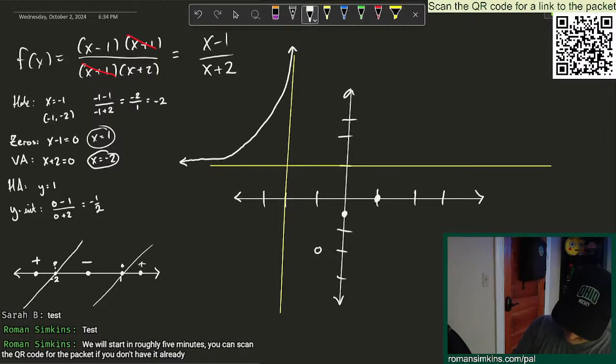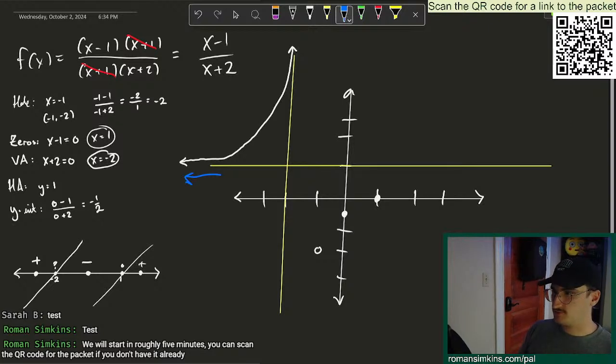Now let's think about what would have happened if I had chosen this initial segment. I'll do it in a different color just so I can show that's my example. So far I haven't broken any rules yet: it's still positive because it's above the x-axis, and it's still using that asymptote as a guide rail.